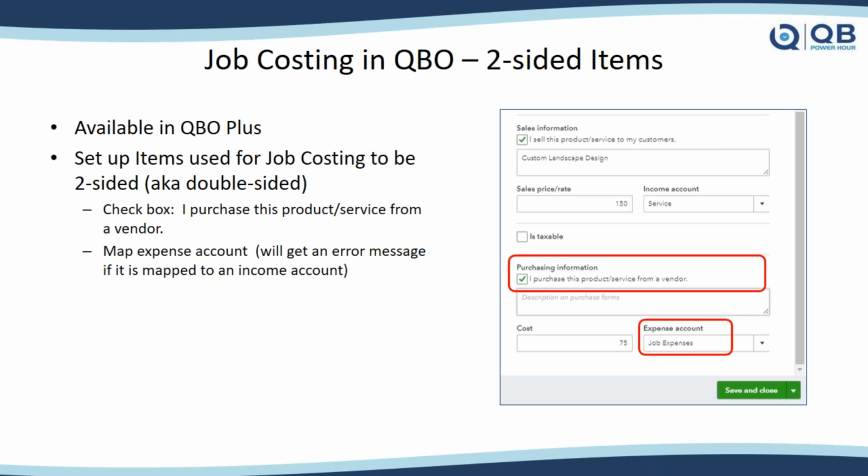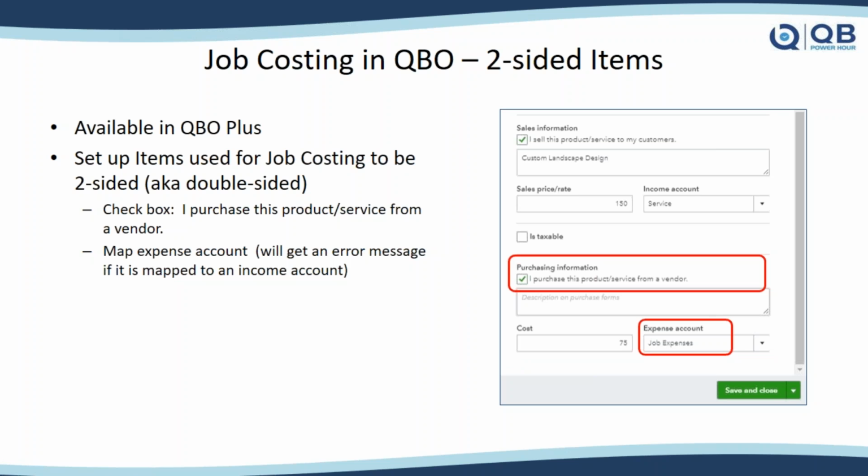Make sure you choose that expense account. Otherwise, when you try to use that item, it's going to give you an error message when you try to save that transaction that it has to be an expense account. If it's mapped to an income account, it's not going to work properly. Also, like in QuickBooks Desktop, when you go to enter an item on your checks or bills, you could choose a service-based item that was just an income item only.